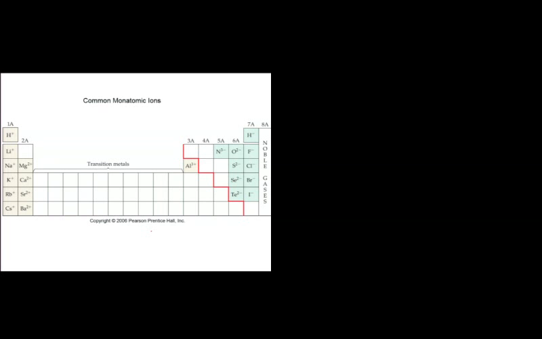Group 4A doesn't really have a common ion. Okay, no common ion there. Group 5A, all right, well let's look at nitrogen. Nitrogen wants to be like the noble gas. So how many electrons do you think nitrogen has to have to be like neon, which is 10? Nitrogen has 7. What's nitrogen going to do? Gain 3. So this is a -3. What's the next column?